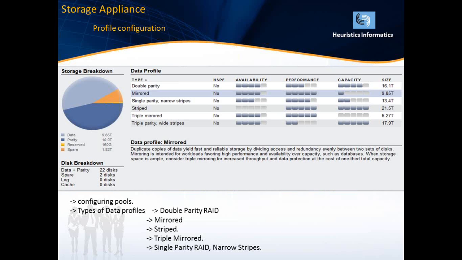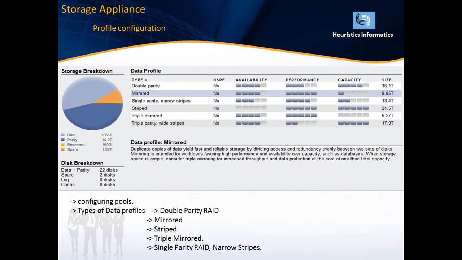And for the total pool configuration, this is the profile configuration. We select the profile for the remaining 18 disks. Specifying the profile for the 18 disks is nothing but specifying the right configuration at the OS level for the storage.